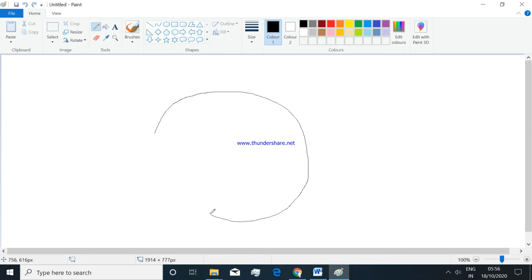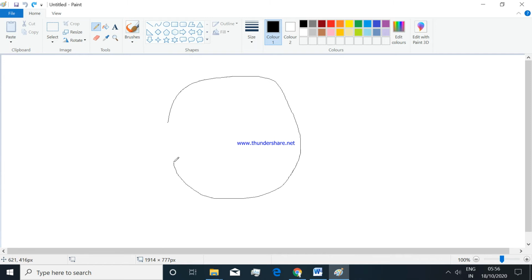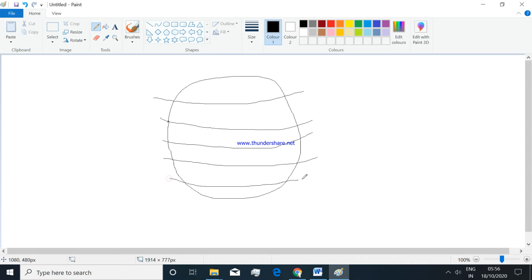Now, if I try to draw a circle, and say that is the Earth and it has an equatorial plane, there are different latitudinal lines, like suppose this is 30 degrees, this is 60 degrees, and this is 90 degrees. In the southern hemisphere, there is also 30 degrees, 60 degrees, and 90 degrees.